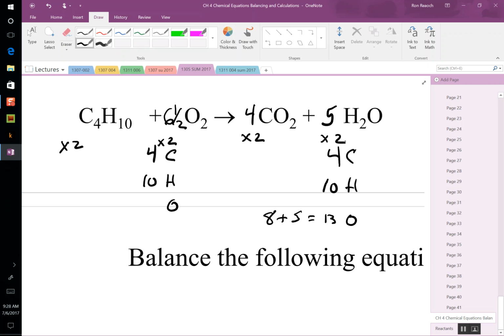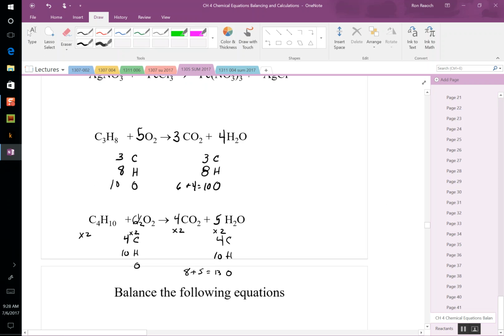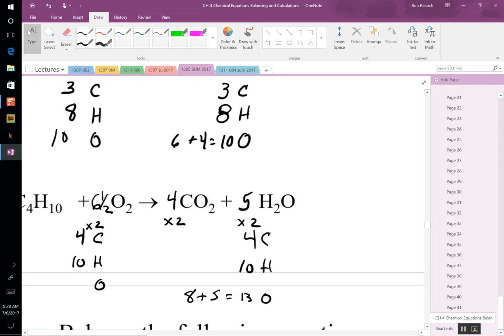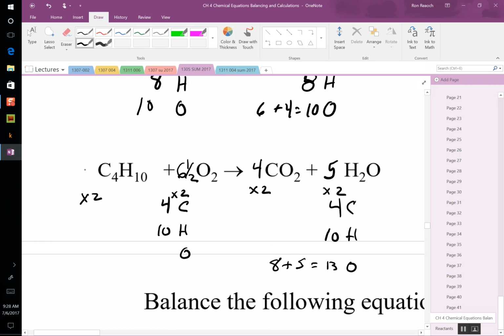Doubling the recipe means you double everything. So here, if we want to raise each one of these coefficients, double every coefficient, so we're going to get 2 times 1 is 2. 2 times 6 1/2 is 13. 2 times 4 is 8. And 2 times 5 is 10.